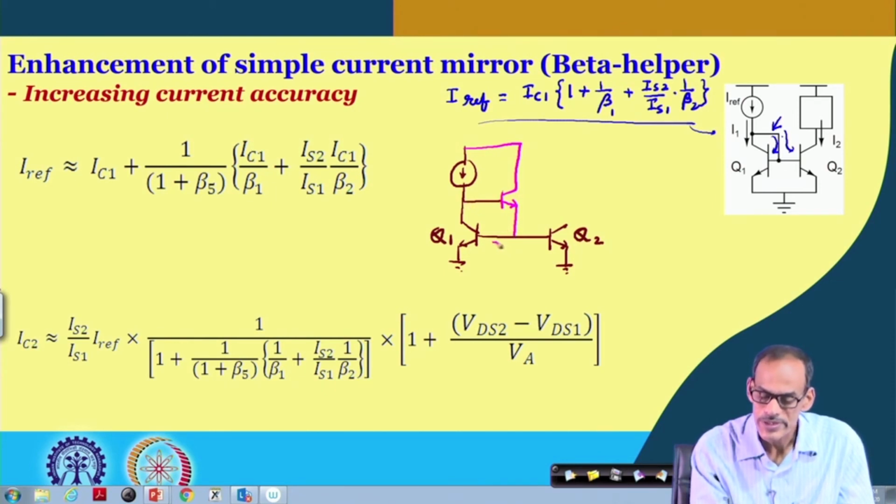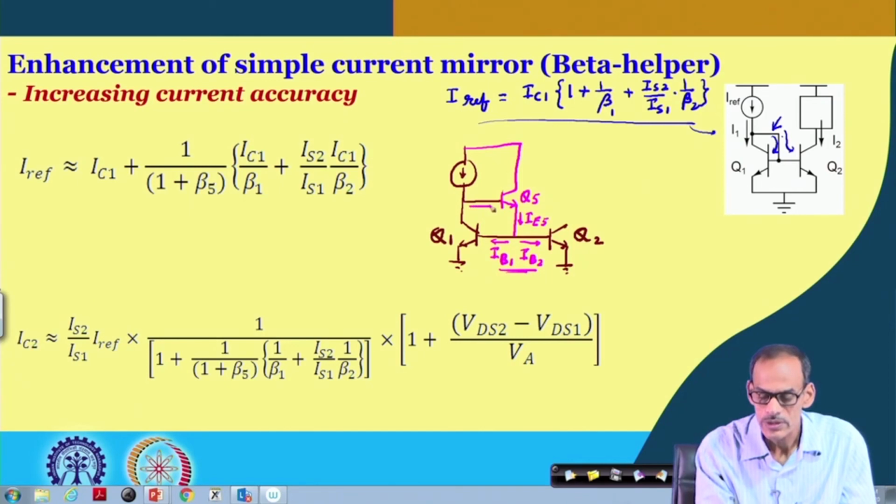If the base currents here are IB1 and IB2, which is the emitter current of this transistor, let me call this transistor 5. The IE of transistor 5 is the summation of these two currents.